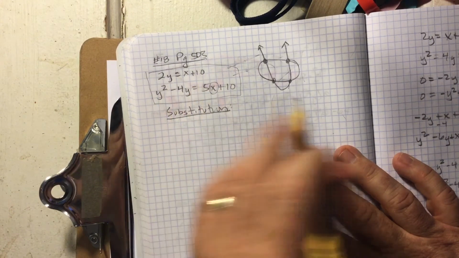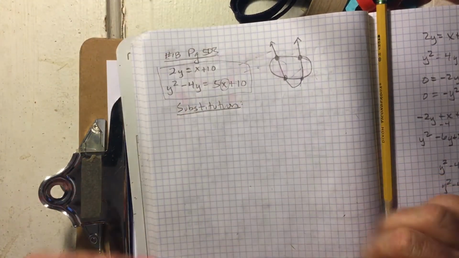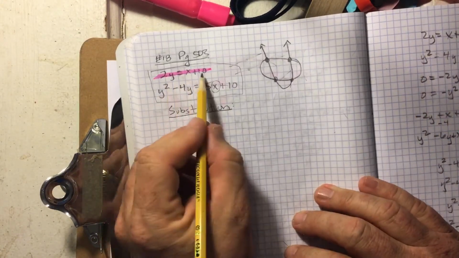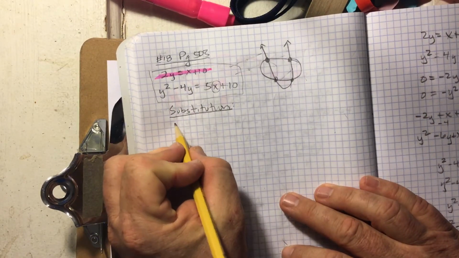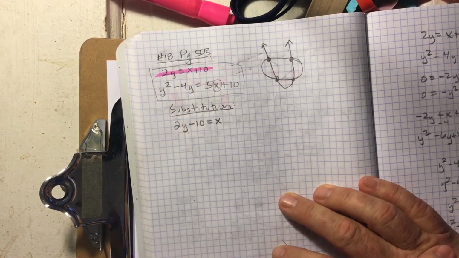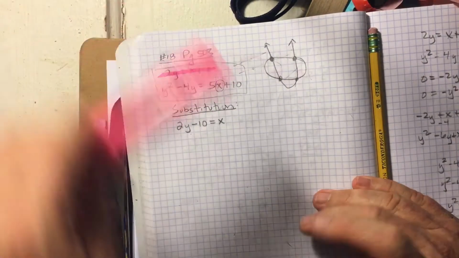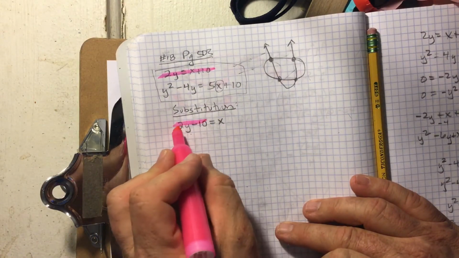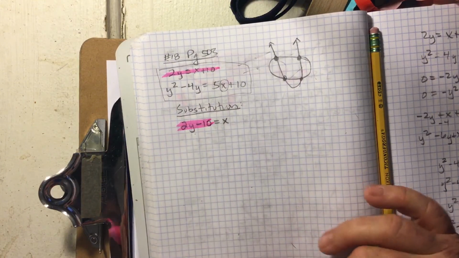So I'm going to take this equation here, and I'm going to solve for x. So if I rearrange this, I'm going to get 2y, I move the 10 over, equals x. So now I have x equal to 2y minus 10.